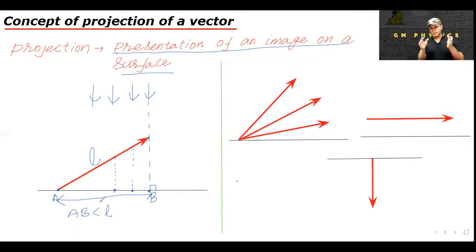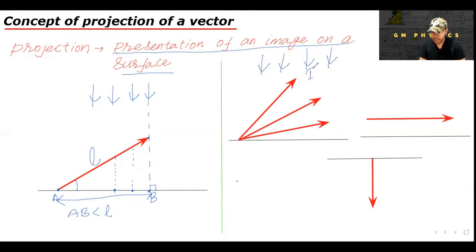As you change the orientation of the arrow, means you go on decreasing the angle between the surface and this line, the image length will go on increasing. You can see here. Imagine again the light is moving perpendicular to the surface and we are trying to obtain an image for the same arrow in a different orientation.